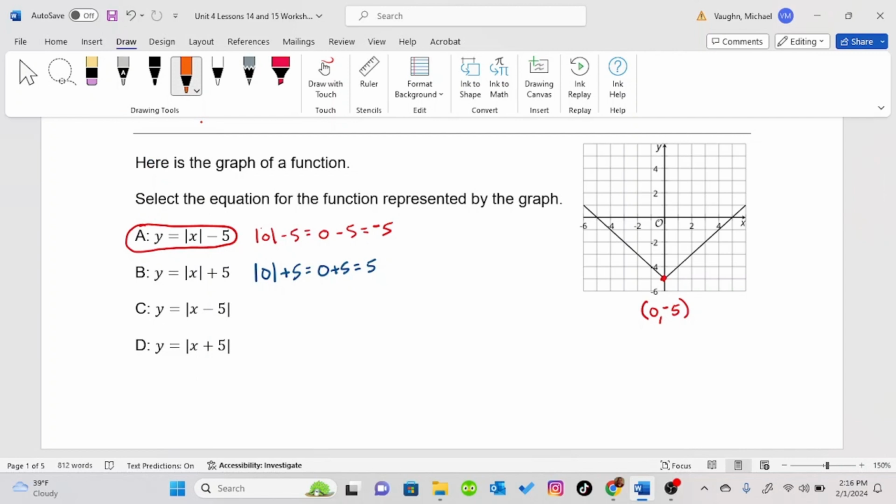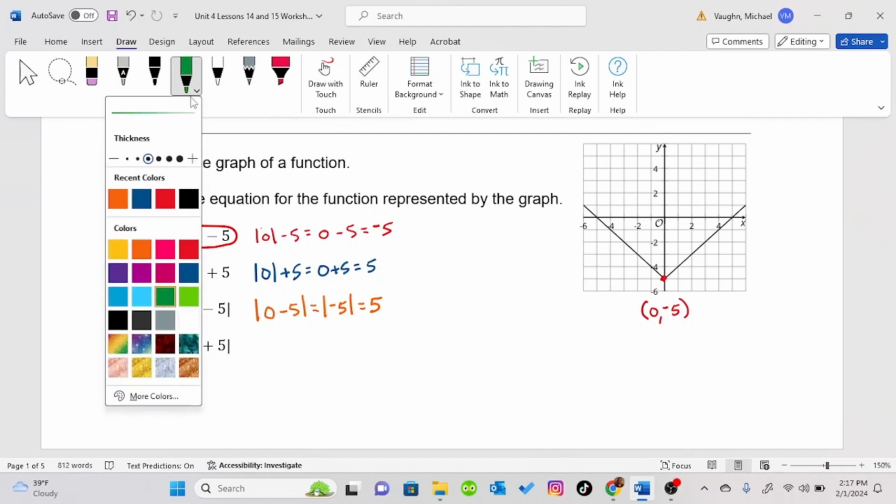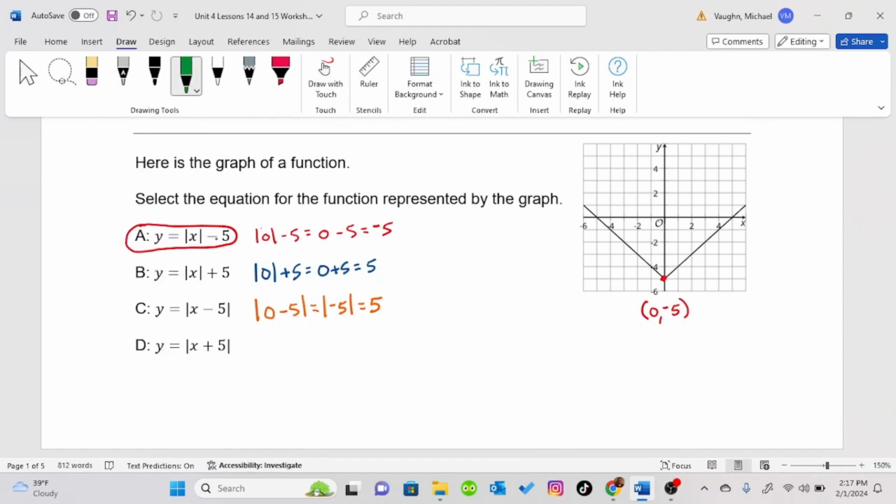For C, we would have the absolute value of 0 minus 5, which would be the absolute value of -5, which equals 5 and does not match. And D, we would have the absolute value of 0 plus 5, which equals the absolute value of 5, which equals 5, and also does not match.